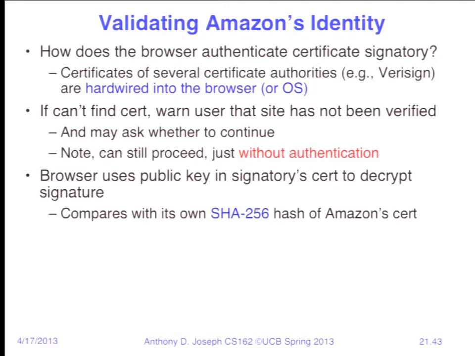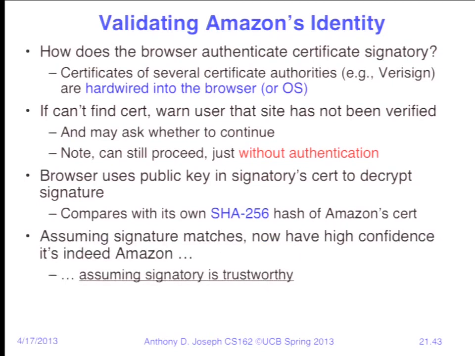So the browser uses the public key that's in the server's signatory's certificate to decrypt the signature. And then it compares it with its own SHA-256 of the rest of the fields in Amazon's certificate. If they match, we know it's Amazon we're talking to, with a gigantic caveat.